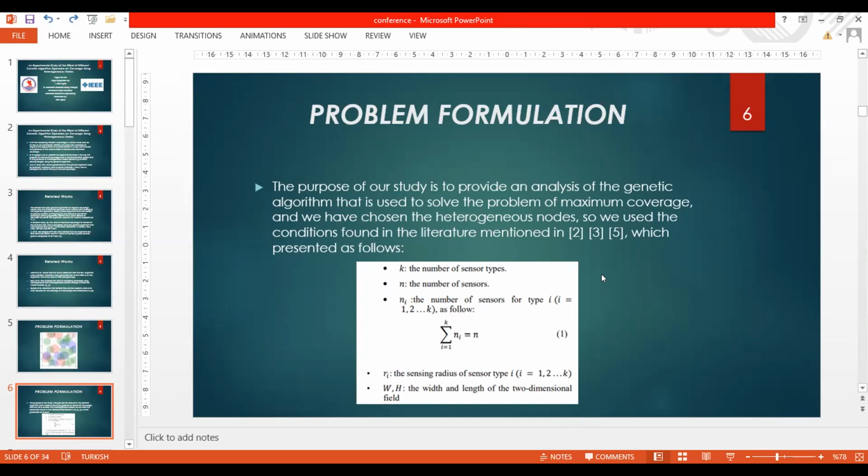K is the number of sensor types, and N is the number of sensors, Ni the number of sensors for type i, where i is 1, 2, ..., K. Ri is the sensing radius of sensor type i. W and H are the width and length of the two-dimensional field.